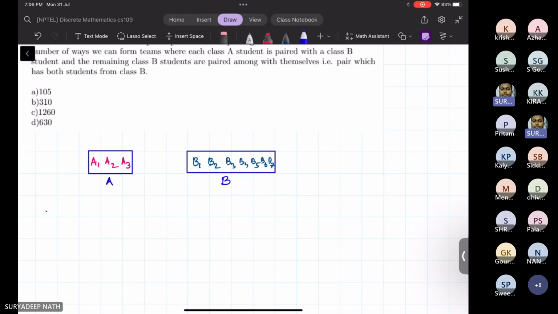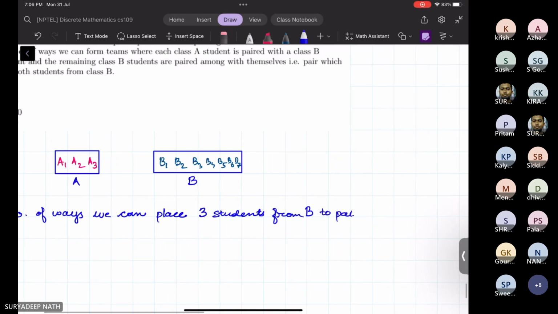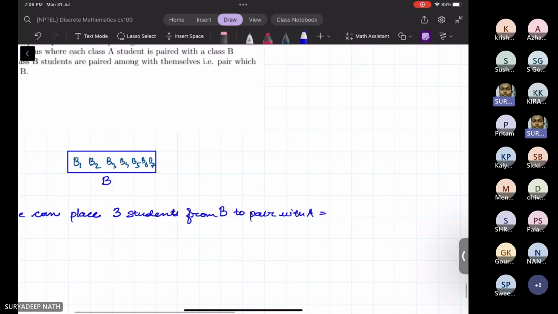So the number of ways we can place three students from B to pair with A is basically 7P3, which is 7 choose 3 into 3 factorial.